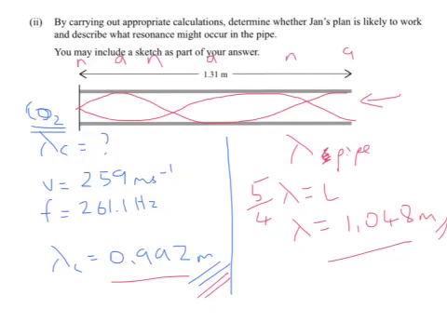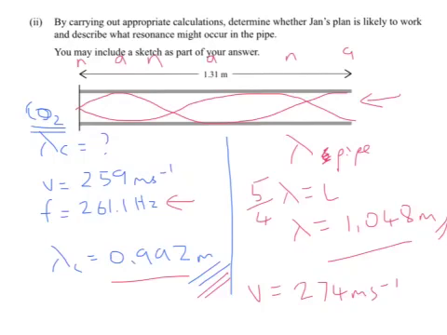If we were looking at this 1.048 meters at a frequency of 261.1 Hertz for middle C, the speed that you're looking for, just using v equals f lambda again, would be 274 meters per second, which is definitely faster than the 259 meters per second from the pure carbon dioxide. So if you mixed in a bit of air, that would bring the speed up, and that would cover it, I guess.